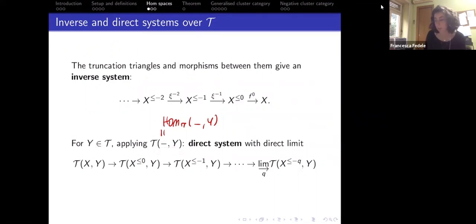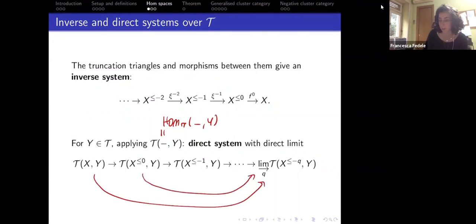And this is a bit, I guess, of abuse of notation. By this dot, dot, dot going to the limit, I just mean that we get all these maps from the objects in your direct system to this limit, such that everything that needs to commute commutes. So we get this direct system, and we could do the same in our T over TFD.